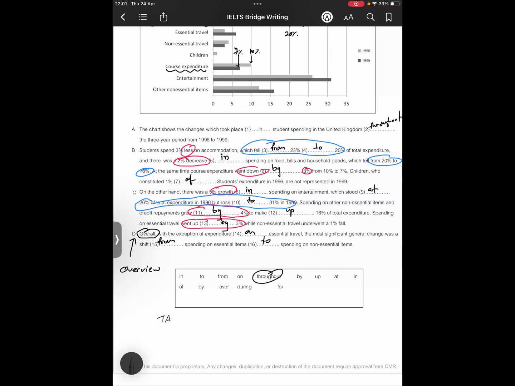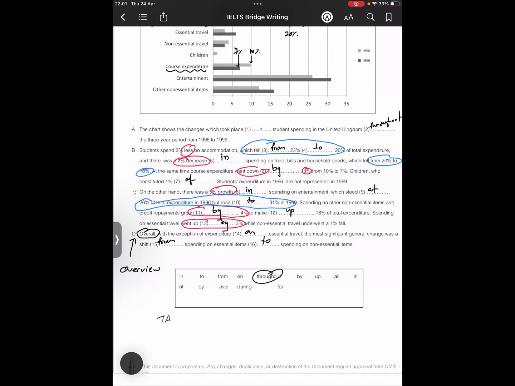So for task achievement, how do we rate task achievement? A minimum requirement for 6.0 is that you have to write at least 150 words. So I believe if you do the counting, you will get 150.